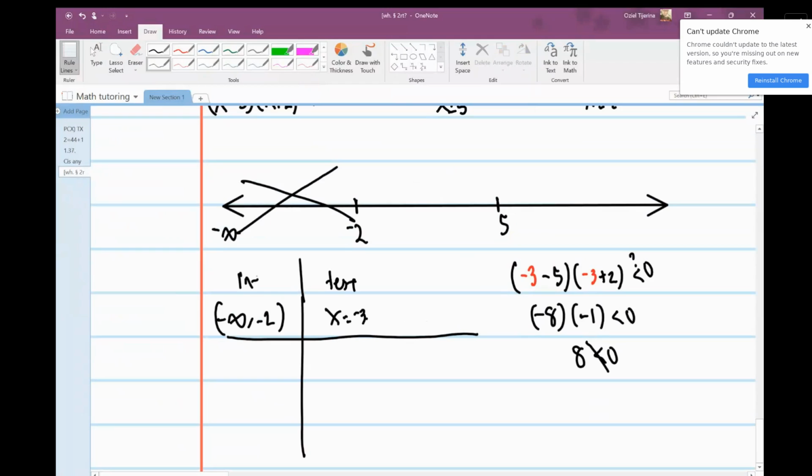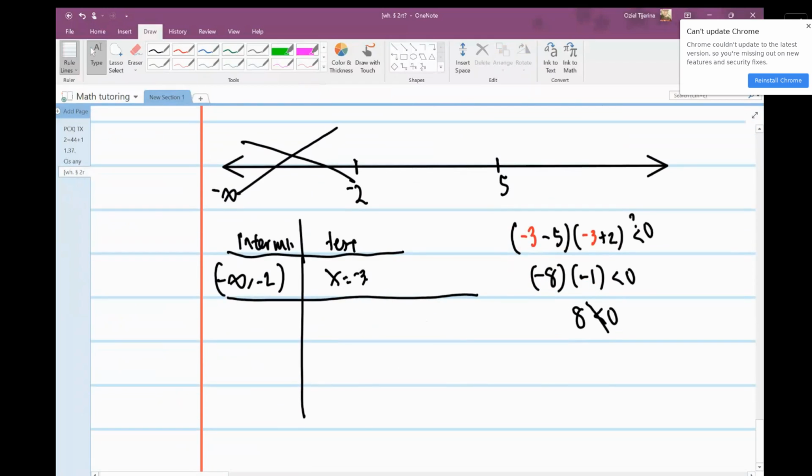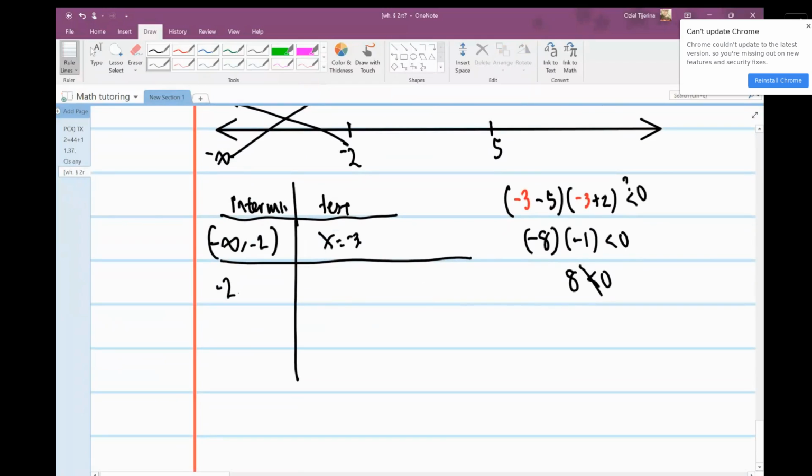For the next one, from negative 2 to 5, we can test x equals 0.